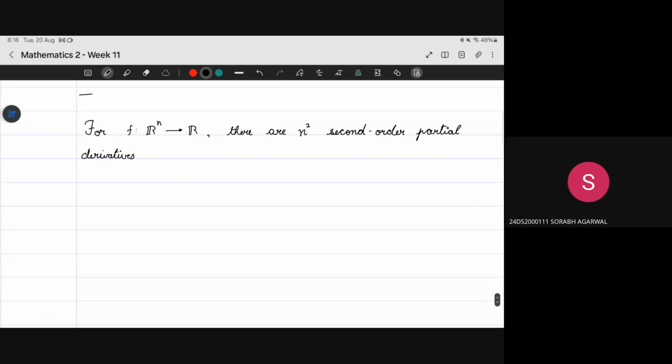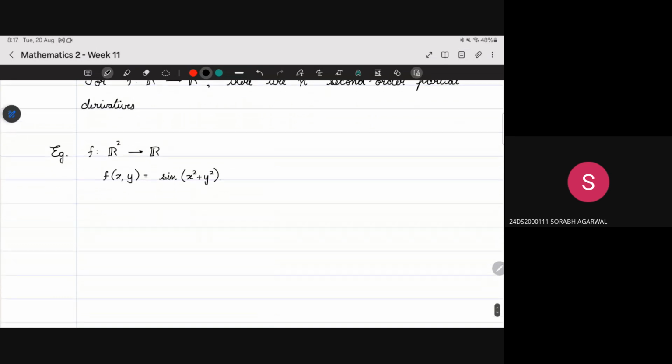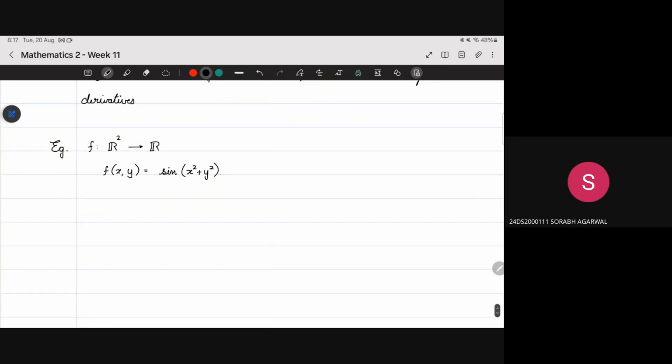Now, let us take an example to see. This is a routine computation, but let's just do it. Something like sine of x squared plus y squared. The fact that this is differentiable, that the partial derivatives exist, all of this follows directly from composition laws and addition, multiplication, all of those things.